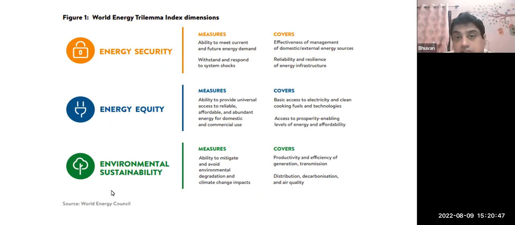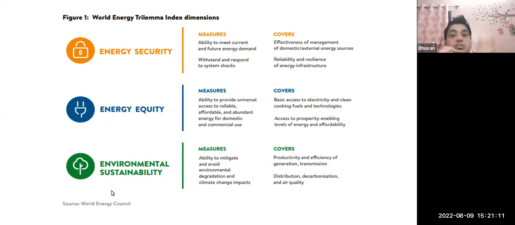Here we can see the measures related to energy security, energy equity, and environmental sustainability, and together they compose the trilemma associated with world energy. In the next diagram, I will show you how these things are interrelated with each other.